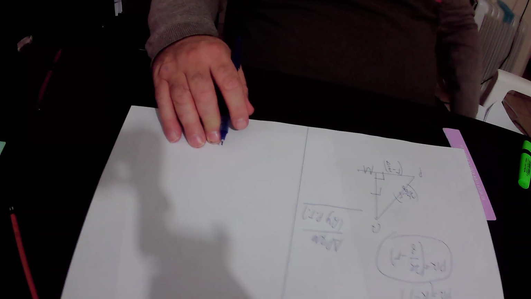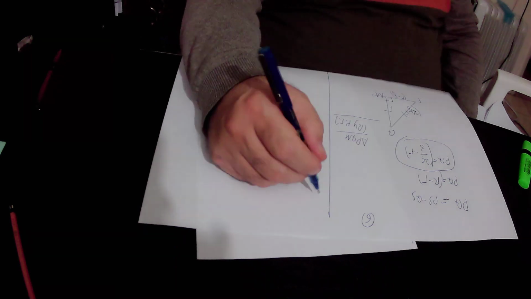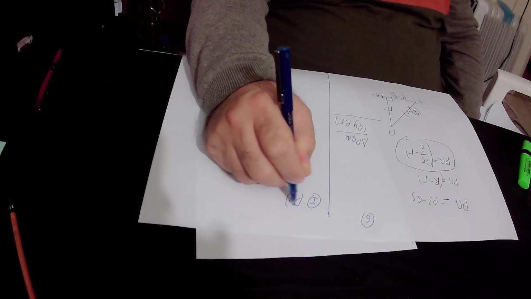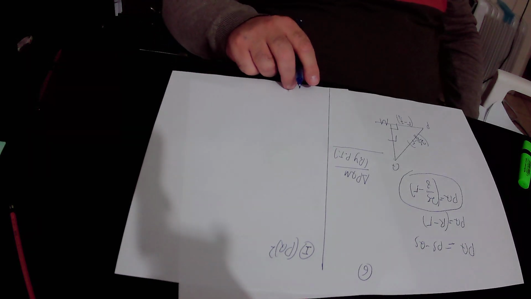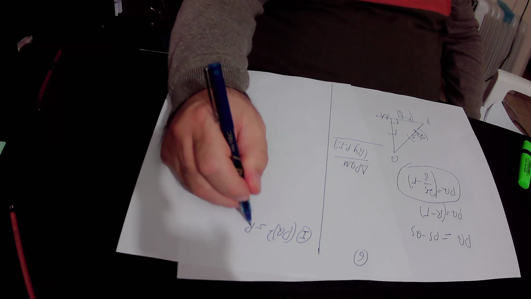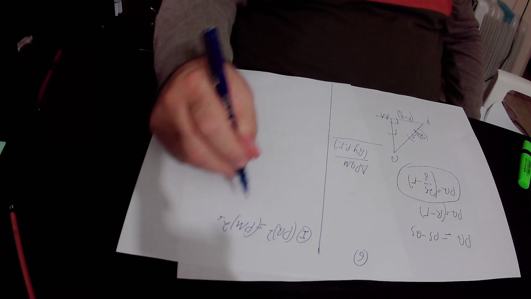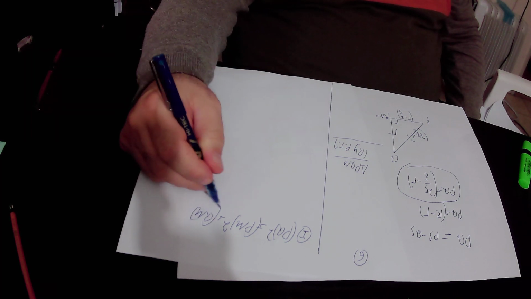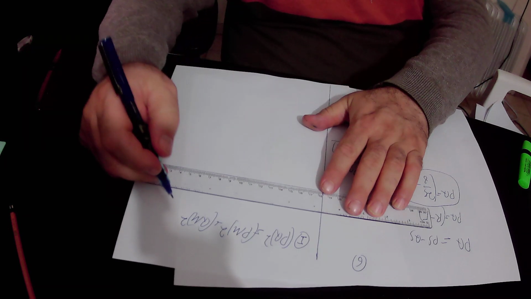The hypotenuse is PQ. Therefore, the square of the hypotenuse is PQ squared, and it is equal to the sum of the squares of the perpendiculars, that is to say, PM squared plus QM squared. Okay? This is true according to the Pythagoras theorem.